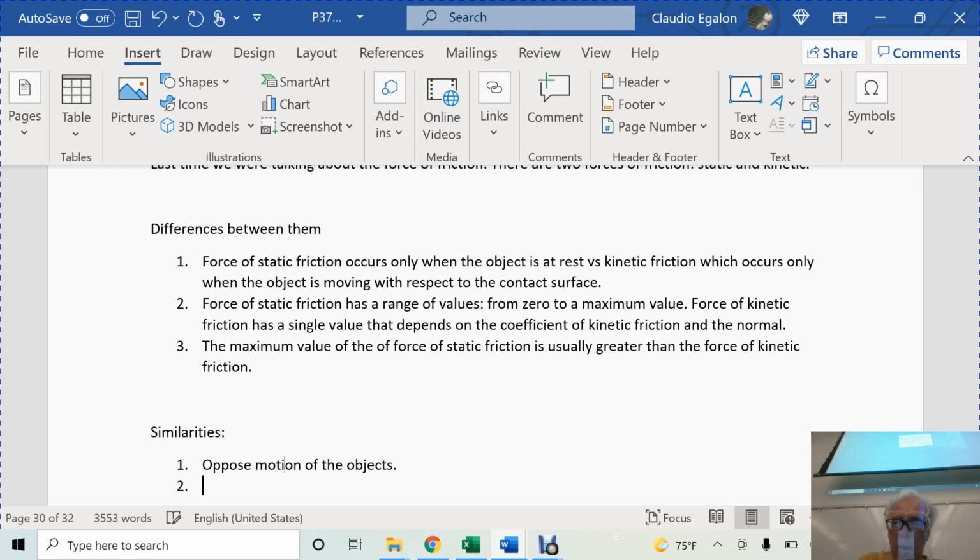Two. The maximum value of the force of static friction depends on the normal, just like the force of kinetic friction.